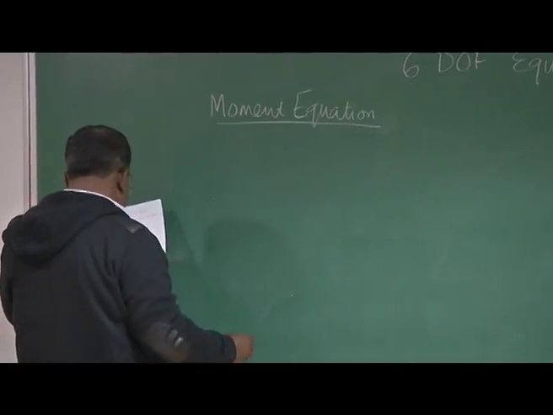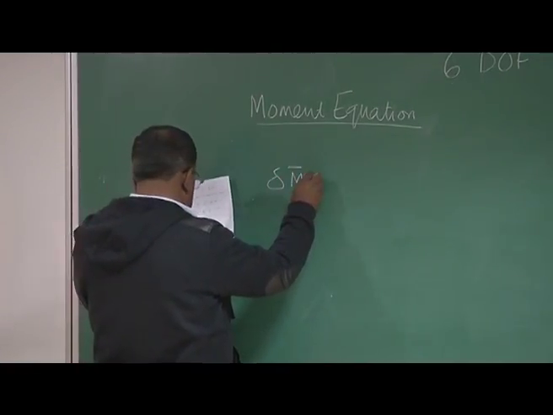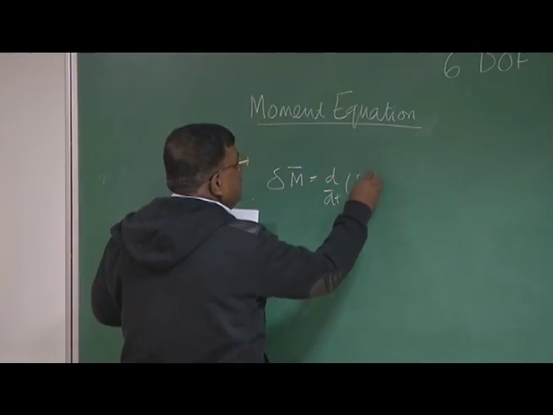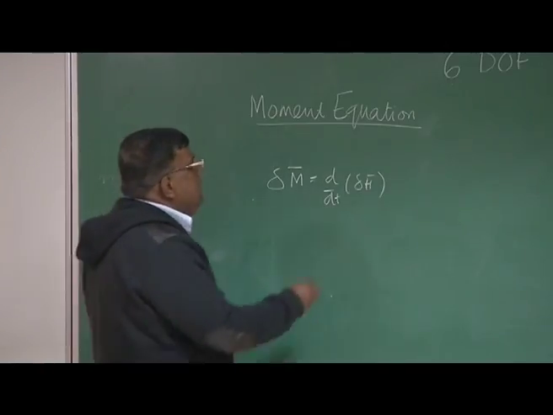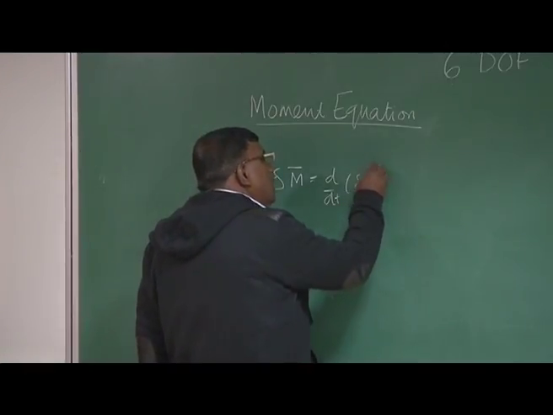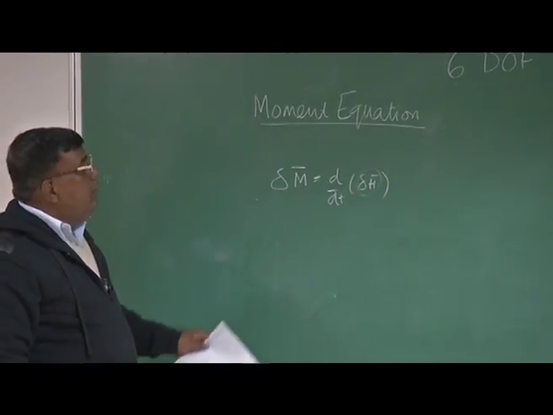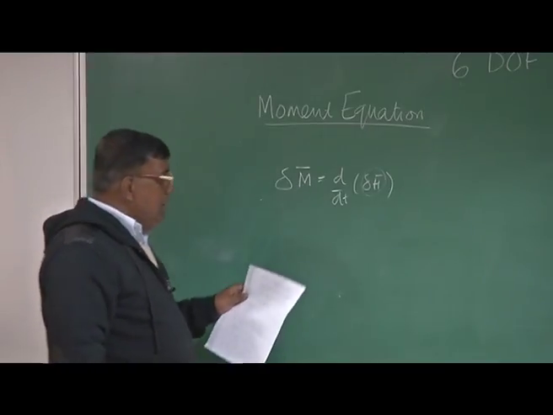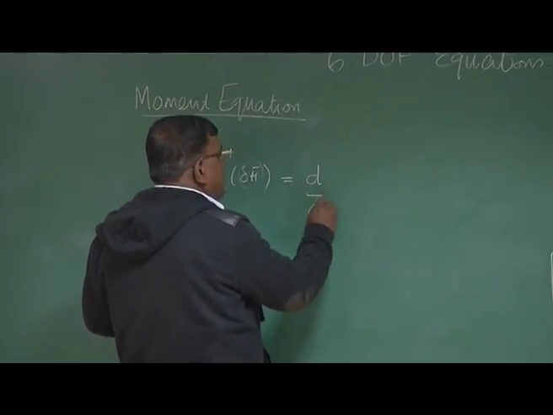What was the moment equation? Again, delta M equal to d by dt of delta h. So, recall what is delta h? Delta h is the elemental angular momentum, which is caused by the moment acting on that element. So this I can write, by definition, d by dt.